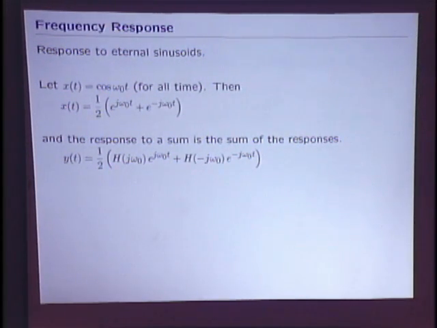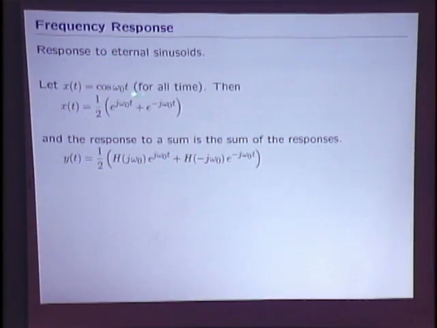If I'm interested in eternal sine waves, like I was for the motor example, then I'll always be interested, according to Euler, in two complex exponentials. So if I were interested in cos omega naught t, I would be interested in the complex exponentials e to the j omega naught t and e to the minus j omega naught t, because I need both of those in order to sum to get the purely real function cos omega naught t.